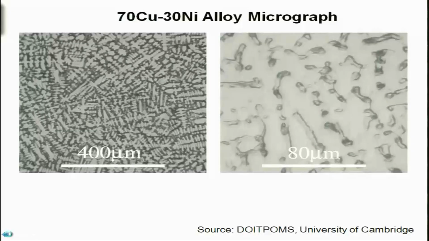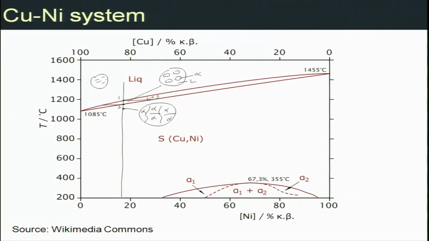Because of non-equilibrium cooling, you have compositional variations. If you look at the previous slide, the first solid is already formed, so when the next solid forms, it has a composition which is like this. As a result, the solidus line shifts.